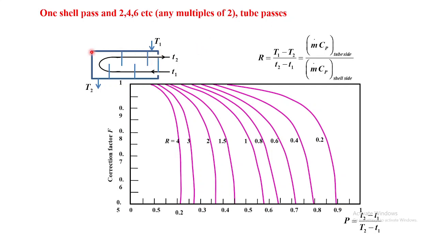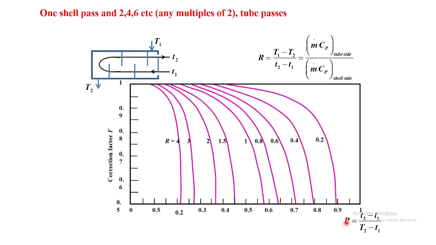So here, as you can see, there is a single shell and the tube passes can be 2, 4, 6, 8 or any multiple. Capital T represents the temperature of the fluid on the shell side and small t represents the temperature of the fluid in the tube side. 1 represents inlet and 2 represents outlet.